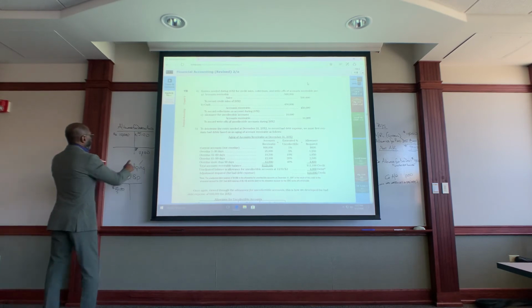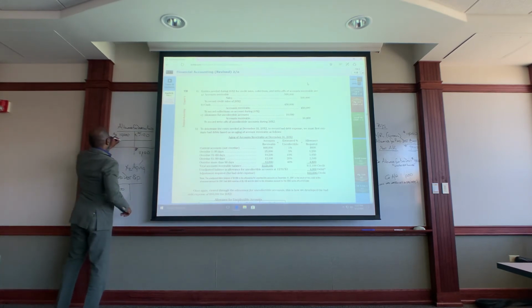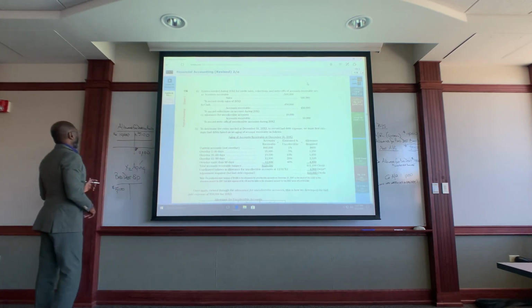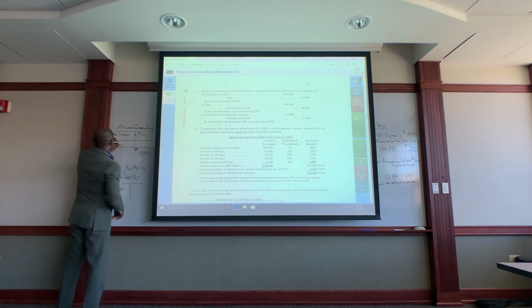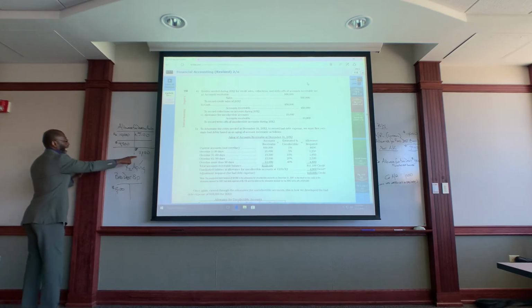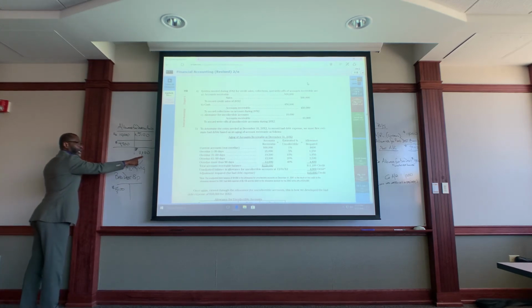Because at this point, if I look at my difference, I have a $4,900 debit balance in the allowance. I have to get to an $11,100 credit balance from a $4,900 debit balance.